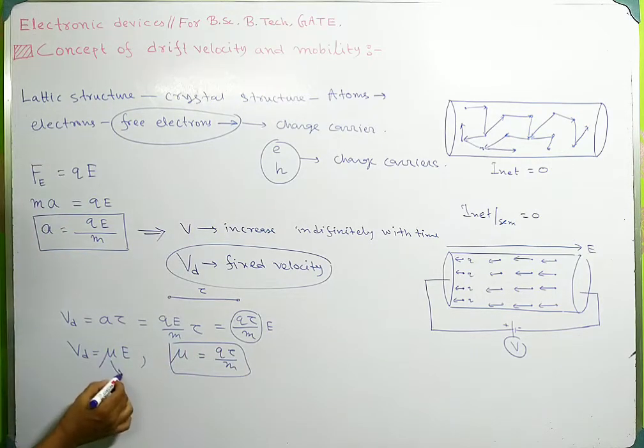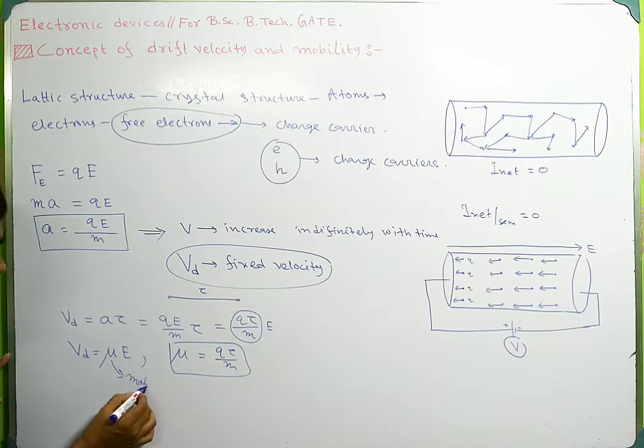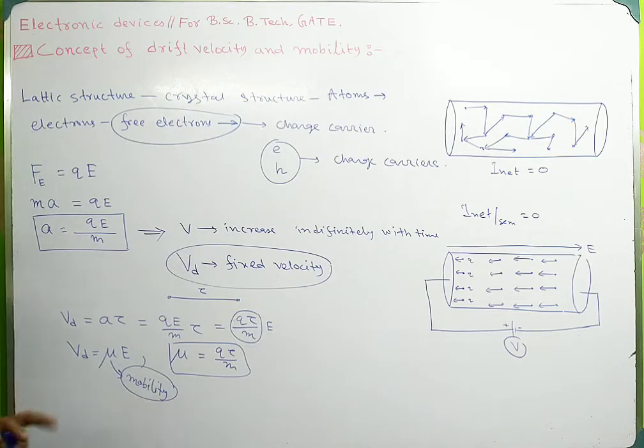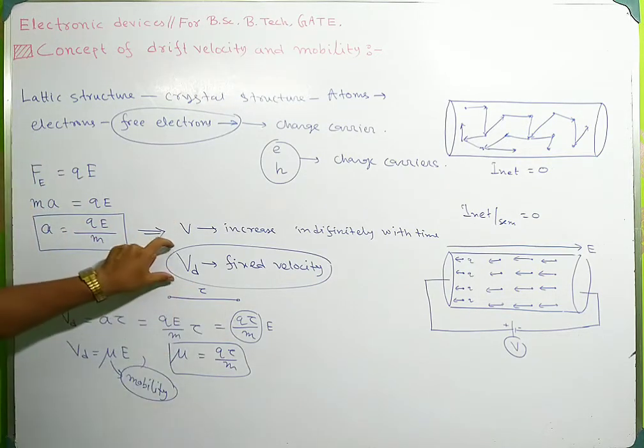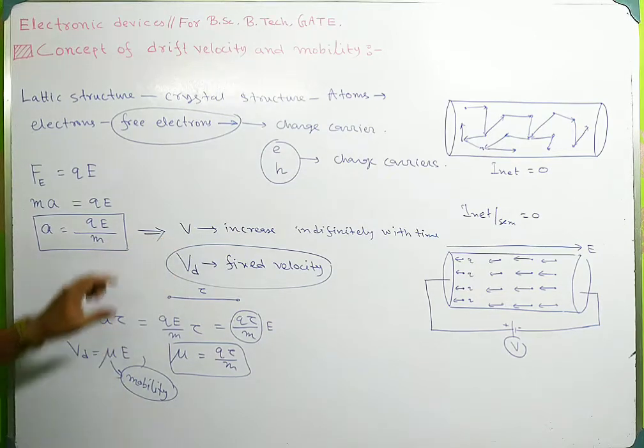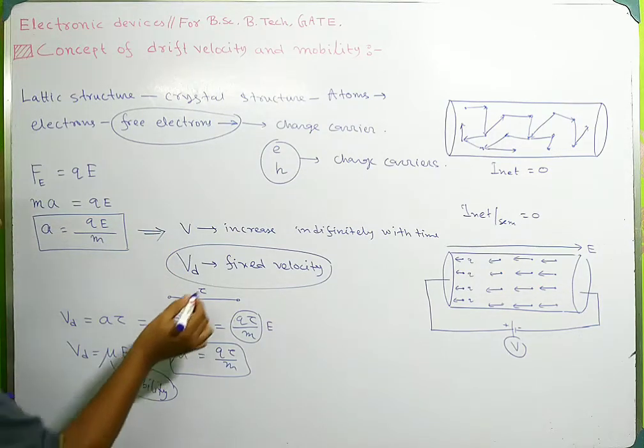So this mu is called mobility. Okay, so we have gotten two terms. One is Vd, and this Vd is called drift velocity.